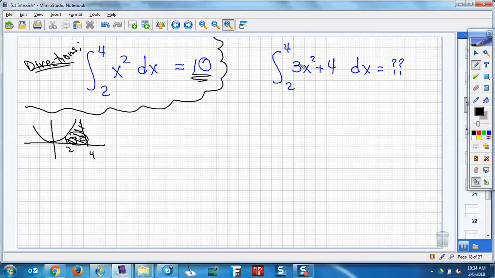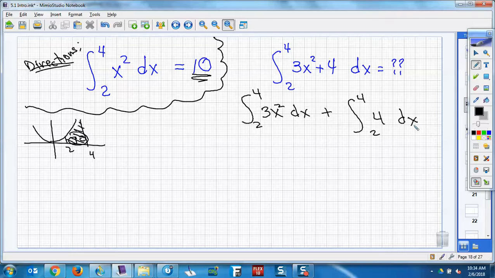Okay, then they're asking us, what is this? Well, we're going to use those 2 rules we just learned. One of the rules was we can split this apart. So we can turn this into, okay, see what I did there? I just split it into 2 separate integrals.